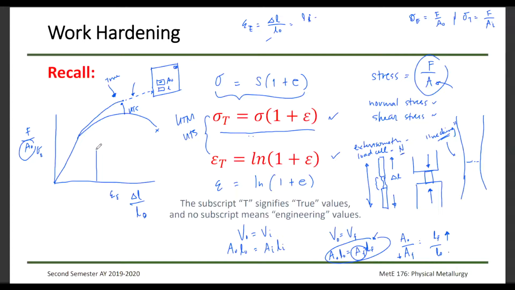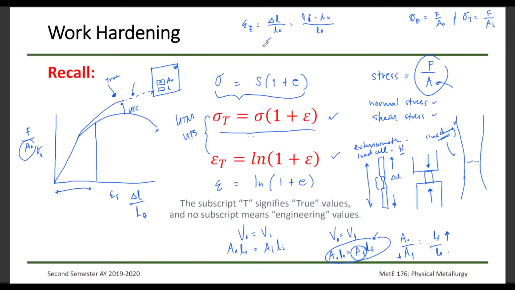You can pick any instantaneous length and get the strain value for that particular length. So you can call it instantaneous length minus initial over initial, or L naught.